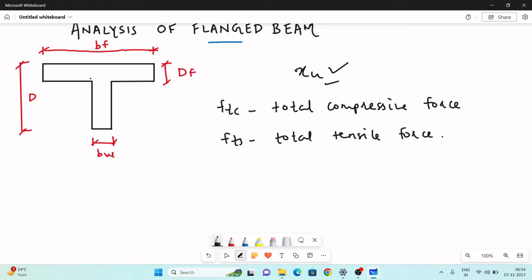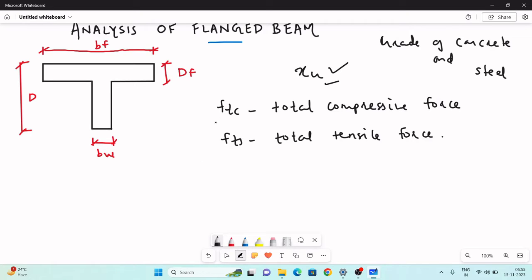A complete section will be given, I already told you. They will also give you the grade of concrete and grade of steel. Whether you are using M20 grade concrete or M30, they will give you. Whether you are using mild steel or HYSD bars of different grade, they will also mention in the problem.